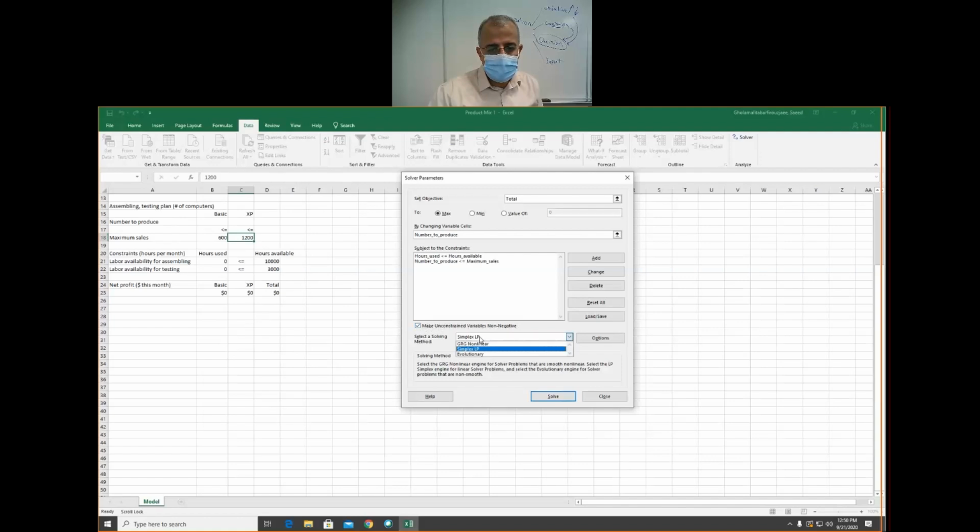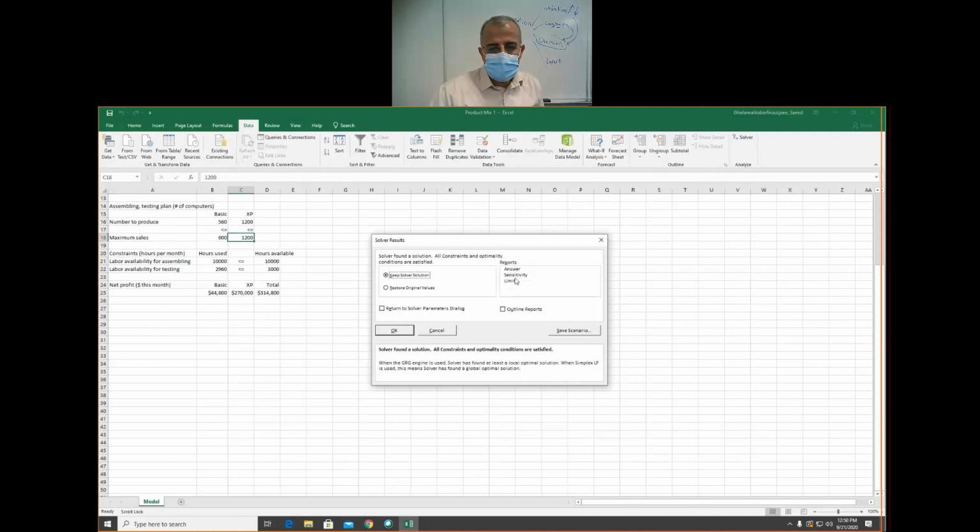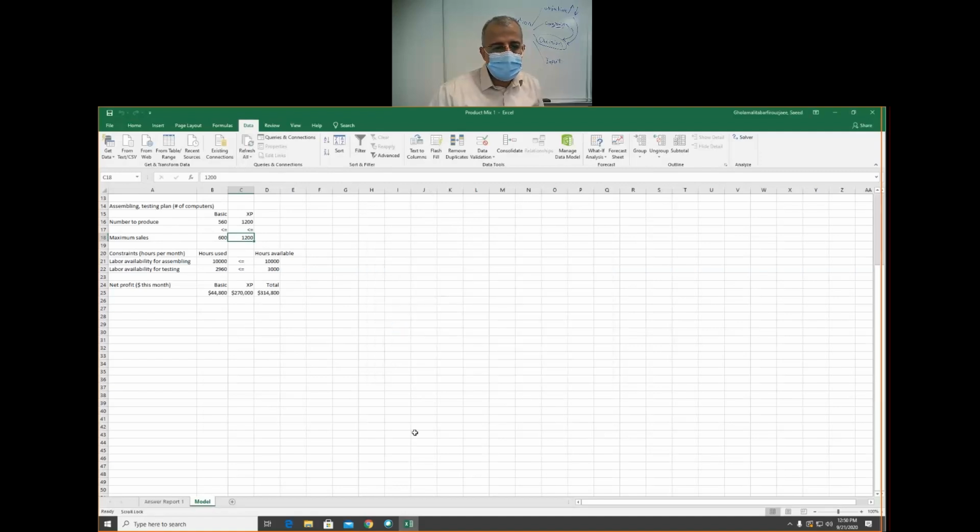We select simplex linear programming and see what we get. Answer. These are the values that will optimize our result. With these values, 560 and 1200 of XP, we're going to get this value.